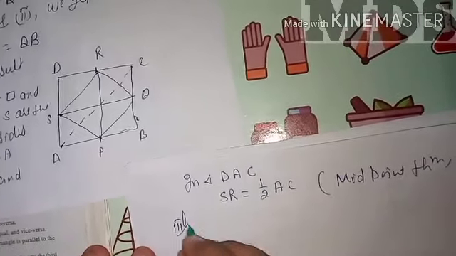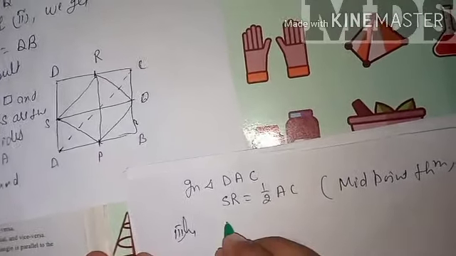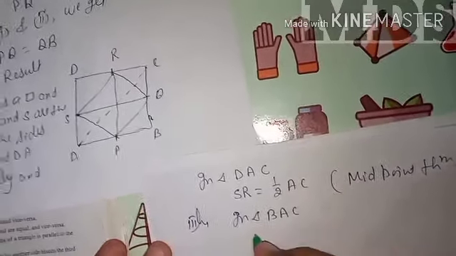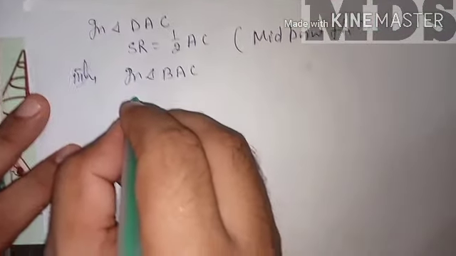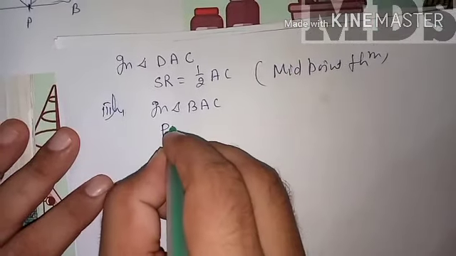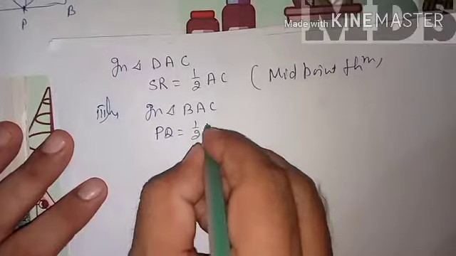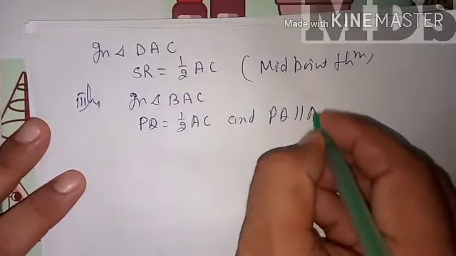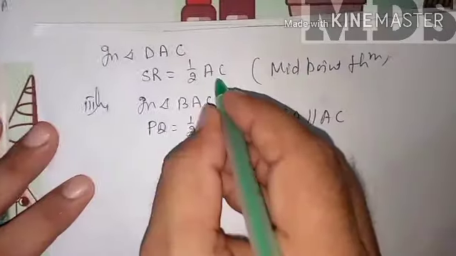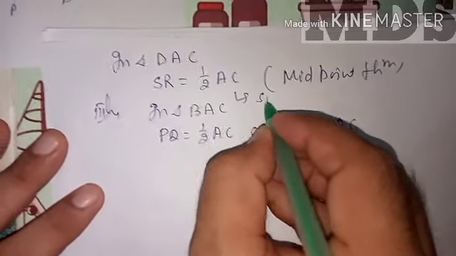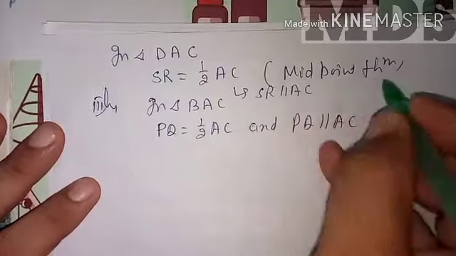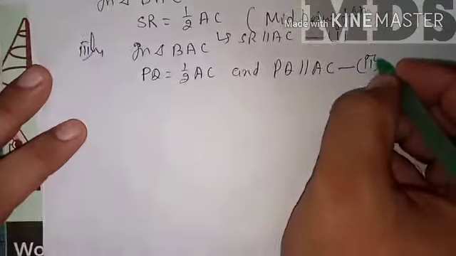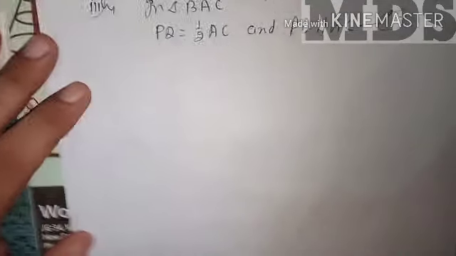Similarly, in triangle PAC, PQ is half of AC and PQ is parallel to AC. Here also SR is parallel to AC. This is your first, this is your second. Understood?